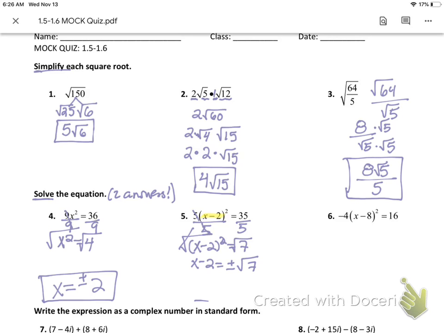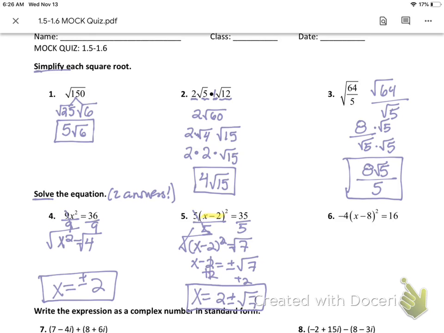I need to add 2 to both sides. One is under the square root and one is not. So I'm left with x on this side, but I can't do anything with the 2 and the root 7, right? Because one's outside the square root and one is underneath. So that one is done.